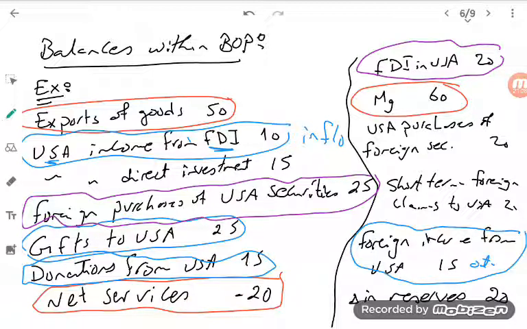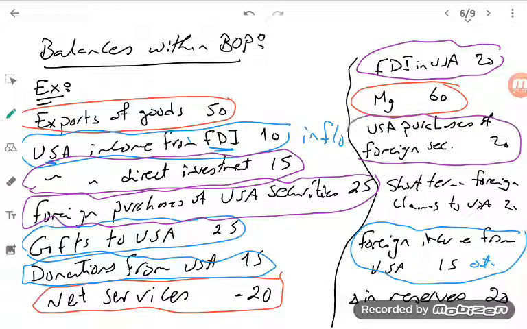What about the outflow? US direct investment abroad, it's 15, and US purchases of foreign securities, it's 20. So this is the outflow of money.